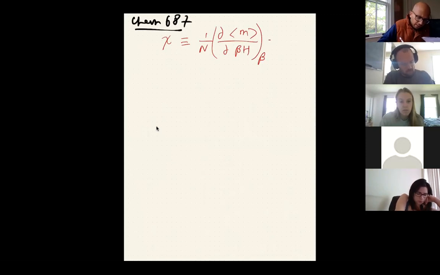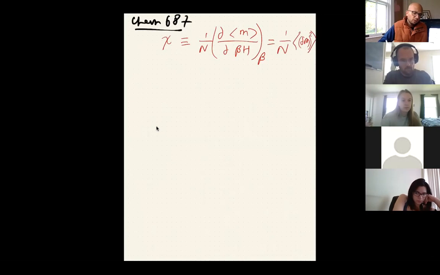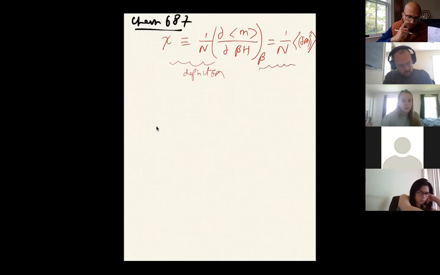And that itself is the same as looking at the fluctuations from the average magnetization. So this formula is quite important. The first is the definition of susceptibility, and this over here is something you showed in homework 5, which is very much like heat capacity we did for the canonical ensemble.